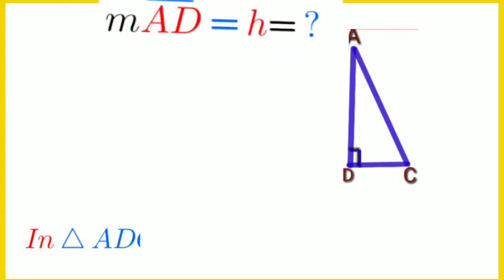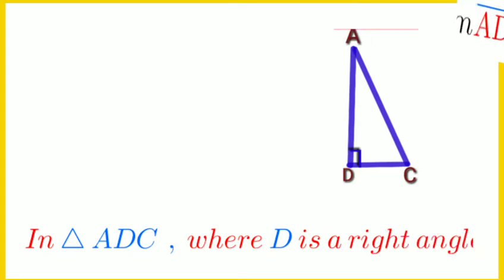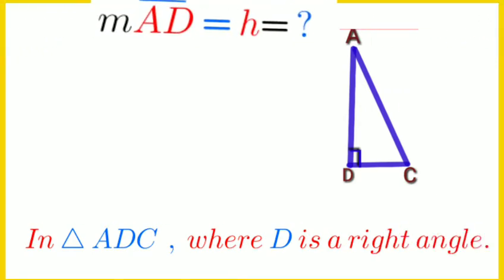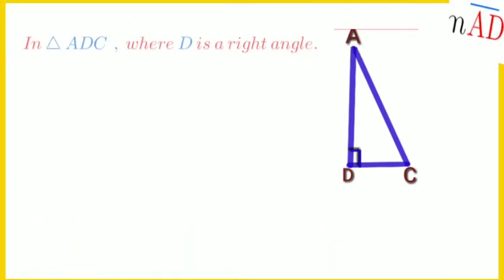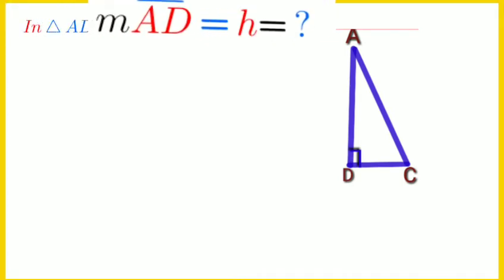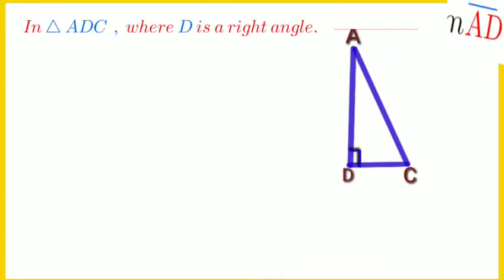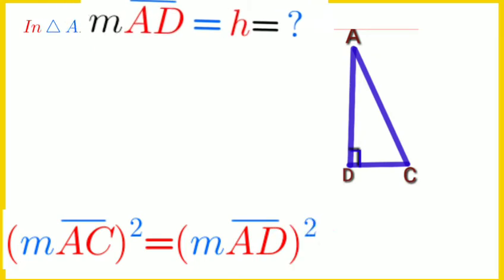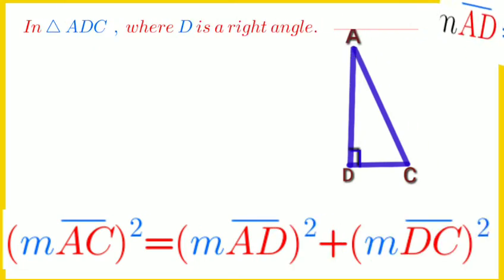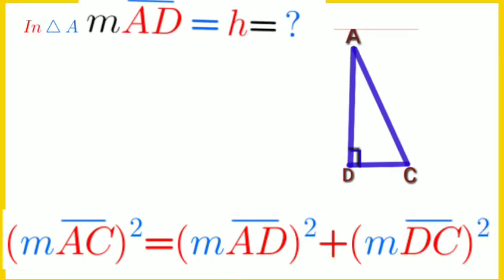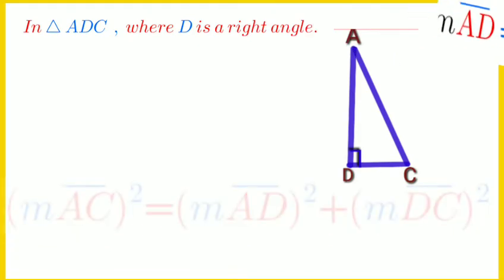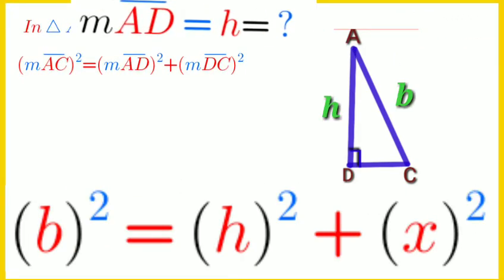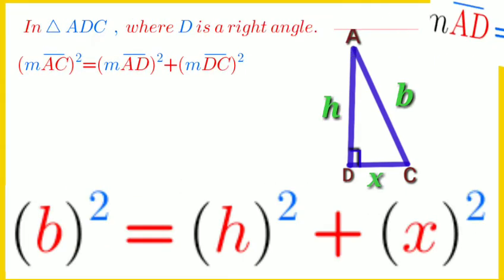In right angle triangle ADC, where D is a right angle, by using the Pythagoras theorem, AC square is equal to AD square plus DC square. It can also be written as B square is equal to H square plus X square.